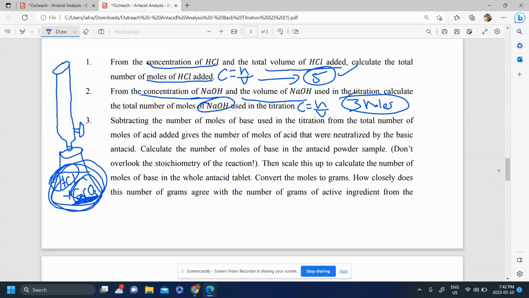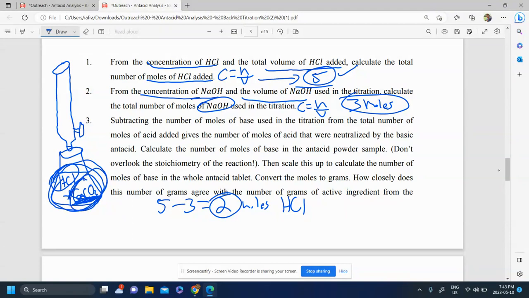So the first part here is subtracting. You do your total amount of acid, which is 5, take away the total amount of base, 3, and you get 2. So you have 2 moles of HCl that was used up, I should say, by the CaCO3.